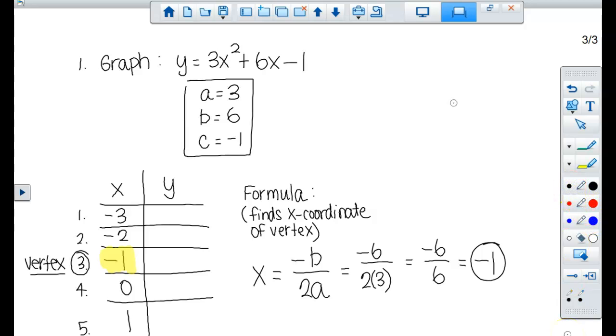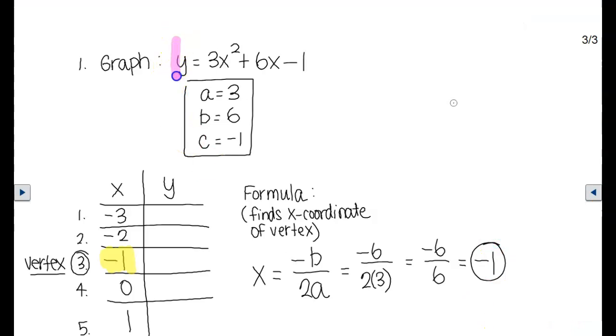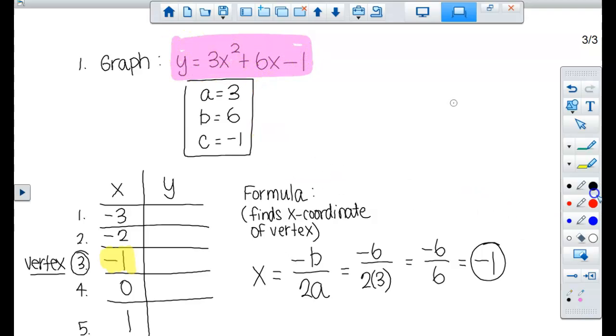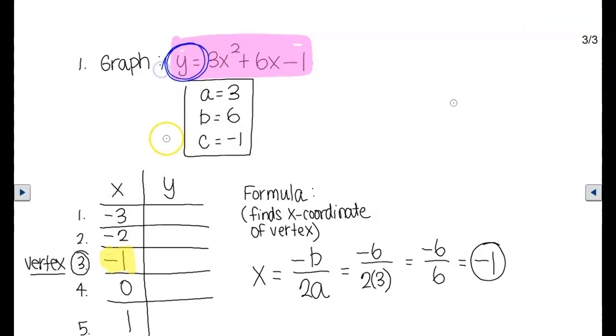All right, so now we have x values in our table. We need y values. So how are we going to get those? Well, remember that we've got this equation up here. And I want you to notice how this equation starts out. This equation starts out by saying y equals. So here is what y is equal to: 3 times x squared plus 6 times x minus 1.